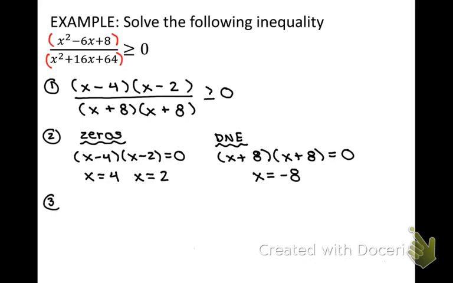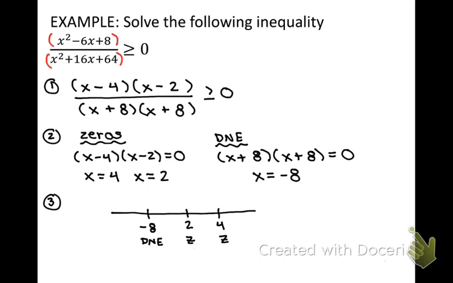All right, we're making a number line. On that number line, I'm going to have -8, 2, and 4. And I'm just going to remind myself -8's on that number line because it doesn't exist. 2 is on there because it's a 0, and 4 is on there because it's a 0.